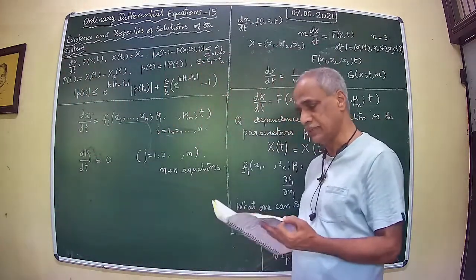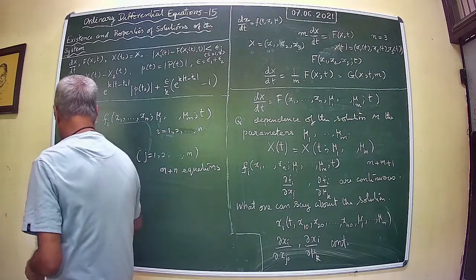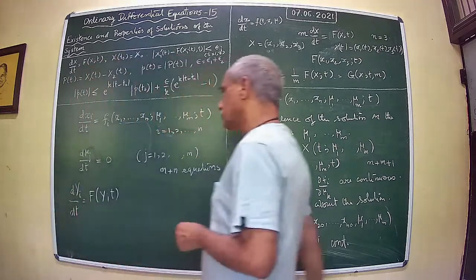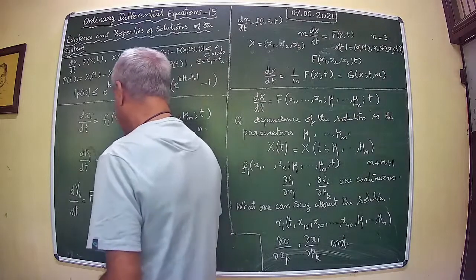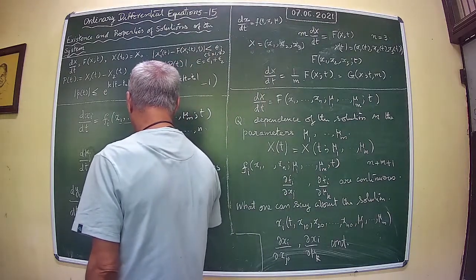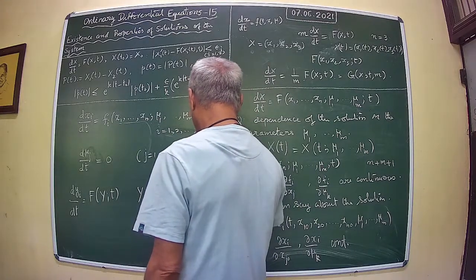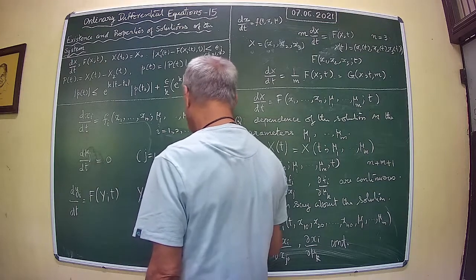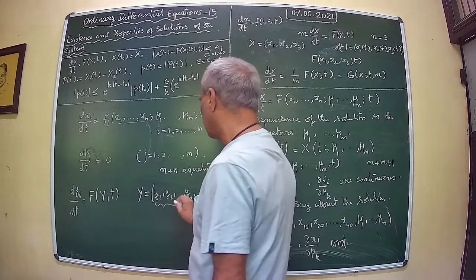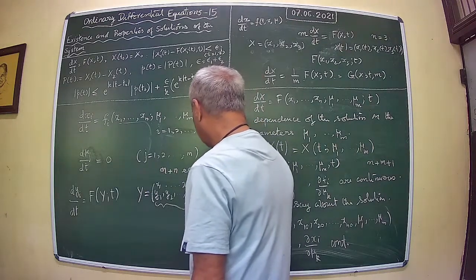Now solve these equations and then apply the previous theorem. So now you look at this as a new problem, something like dyi by dt equal to F_i of t, y, where y is now the vector whose first n components are x1, x2, etc., xn and the next m of them are mu1, mu2, etc., mu_m.